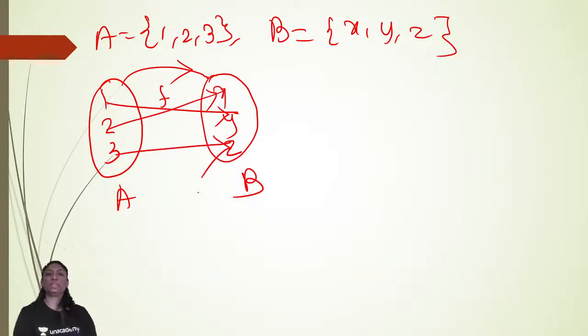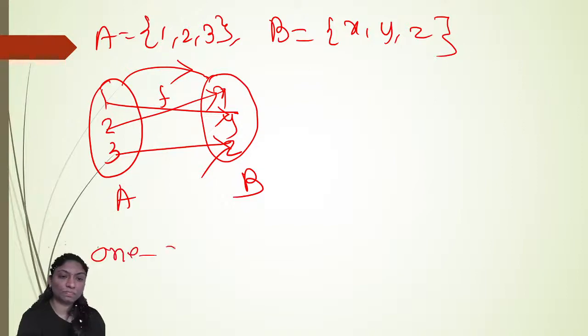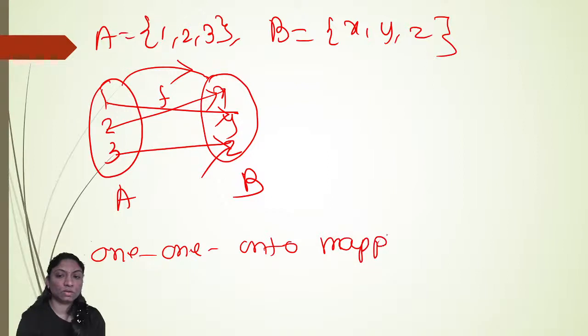So this is mainly a one-one and onto mapping. One-one means every element has a unique image, and also every element of B has a pre-image in A. So one-one onto mapping. Okay.